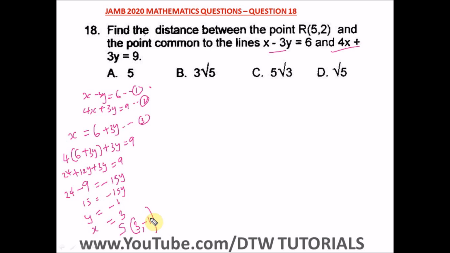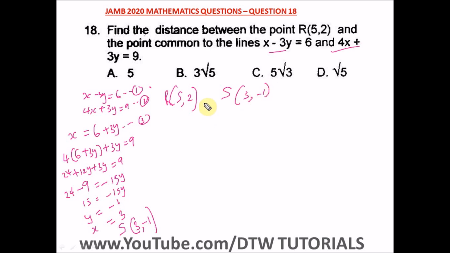That is that for our x. So now we're going to find the distance between the points R, which is (5, 2), and S, which is (3, -2).